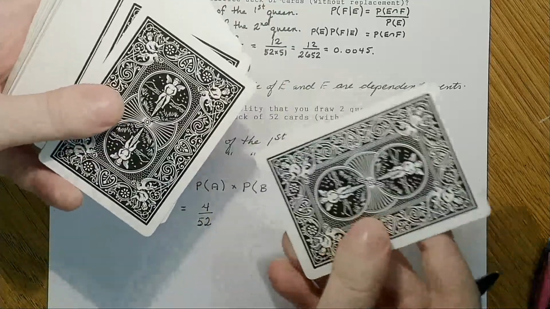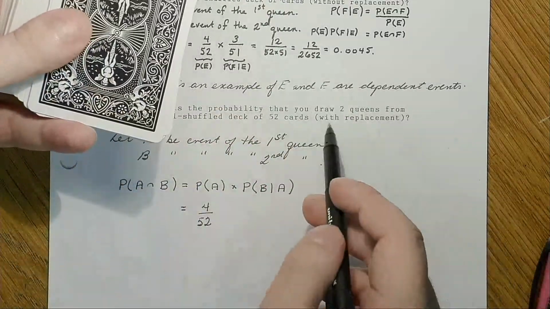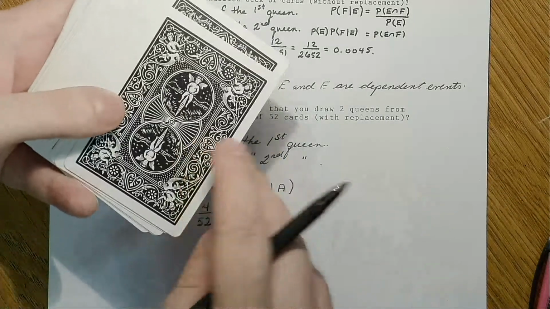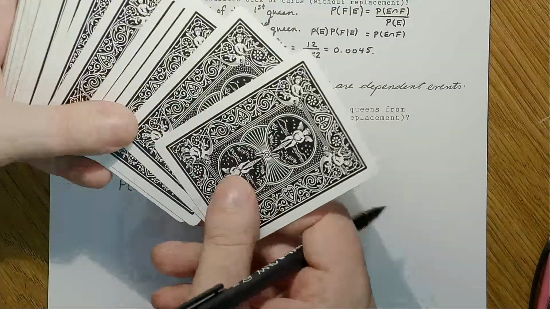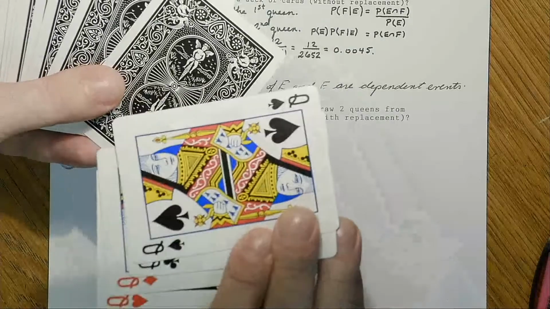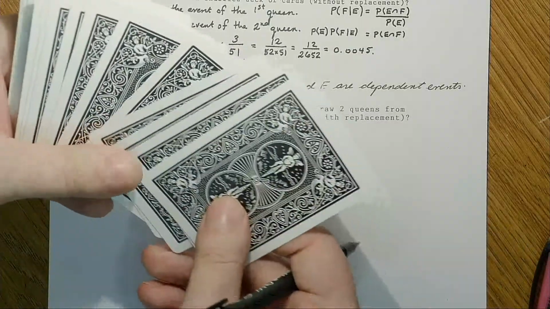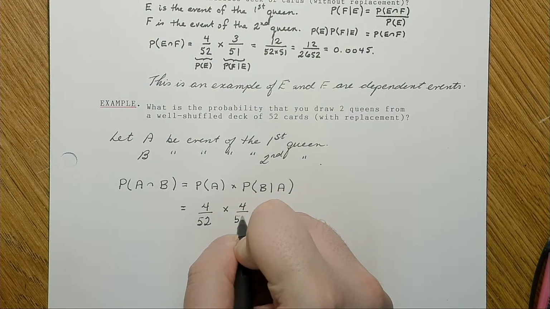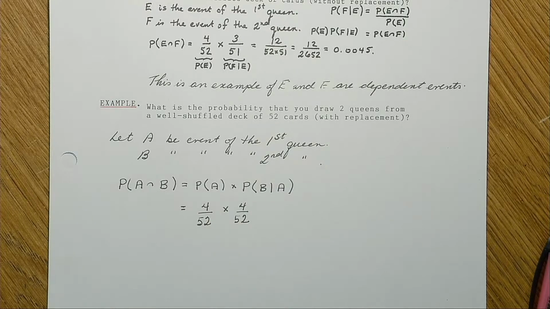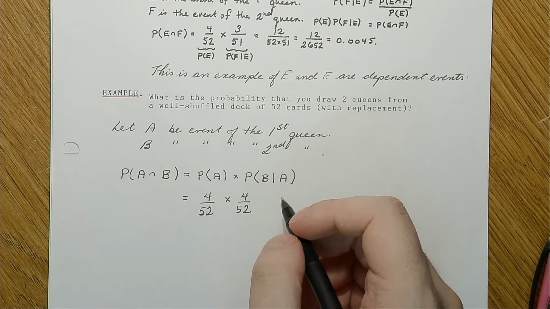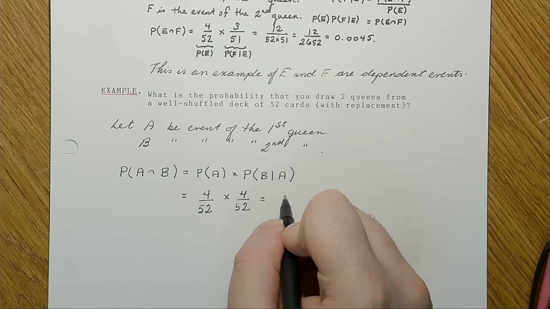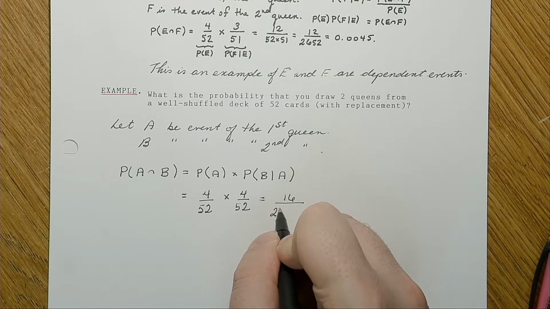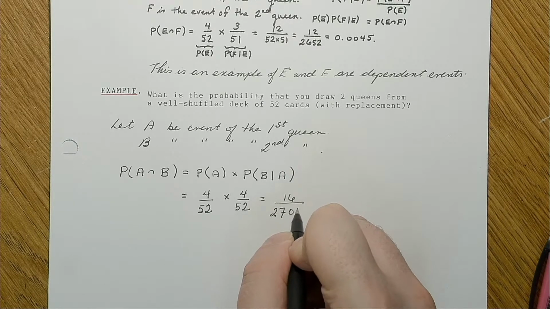Okay, but then you take that queen and you replace it back in the deck because it says with replacement. So on the second one, the probability that you get a queen, well, there's still 4 of them, and it's still going to be a total of 52 cards. So it's 4 over 52. So you get 16 over 52 squared, which is 2,704.